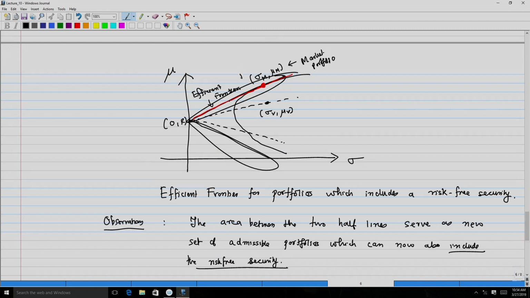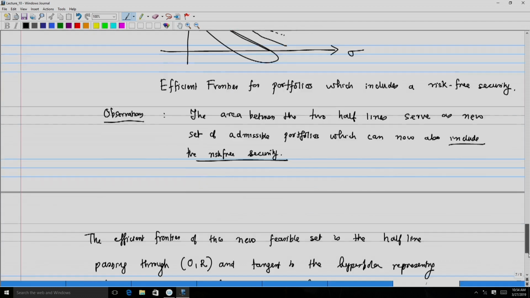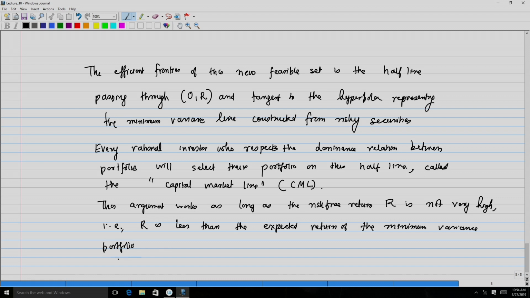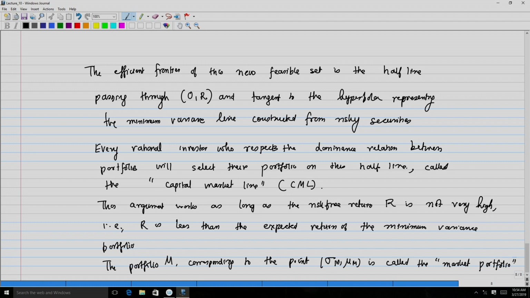So, this market portfolio that we have here, I will denote by M, and then I will make my next statement. The portfolio M corresponding to the point of tangency (sigma_m, mu_m) is called the market portfolio.